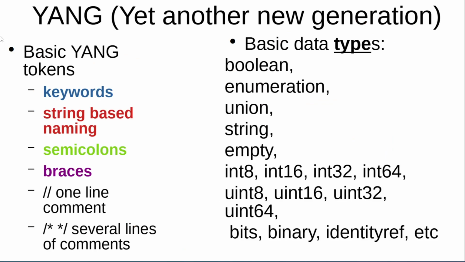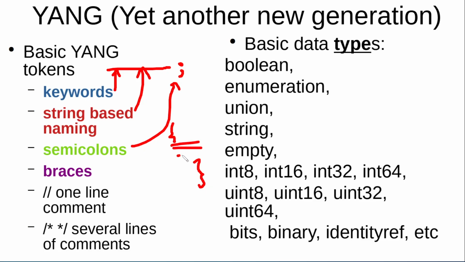If you go and read a Yang file, you will see that it is made of statements. Each statement is usually finished with a semicolon, and the statement is made of a keyword and a string-based name for that variable. And you can also see braces where you can hold several substatements together.